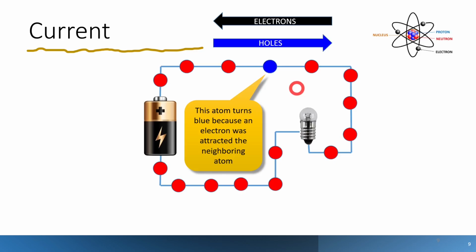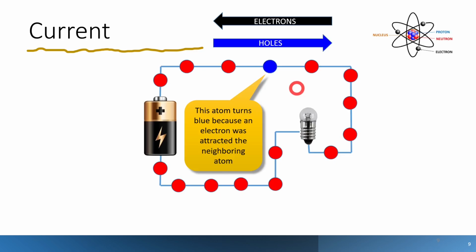So when you describe current flowing from the positive of the circuit to the negative of the circuit, that is called conventional current. If you talk about current flowing from the negative of the battery to the positive of the battery, you're talking about the electron movement, and that is described as electron current flow.